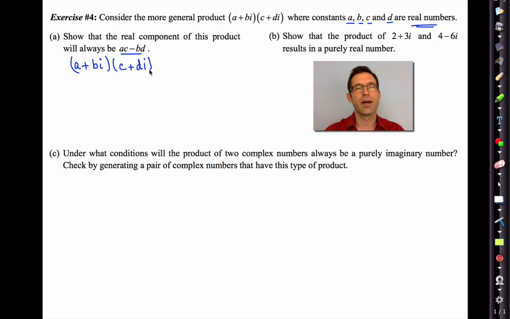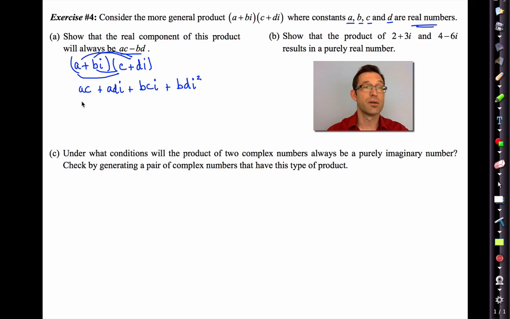Well, how do we show that? Pause the video right now and think about it for a second. Well, we're really going to do what we just did. We're going to have a times c, then plus a times d times i, plus b times c times i, plus b times d times i squared.